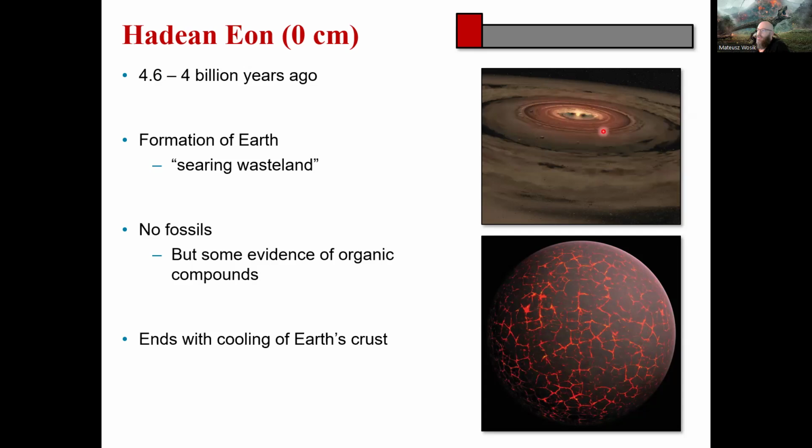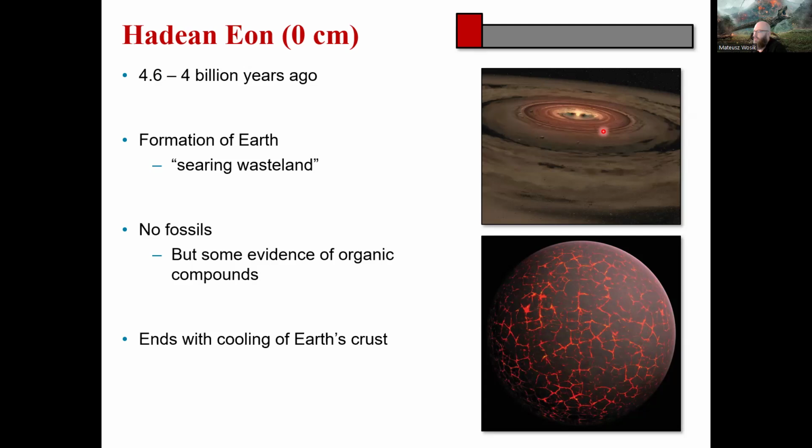As that started to coalesce because of gravitational forces pulling it in further and further as the universe and various planets were beginning to form, this massive amount of dust coalesced together for the planet Earth, and it became a searing wasteland, like this representation on the bottom right.